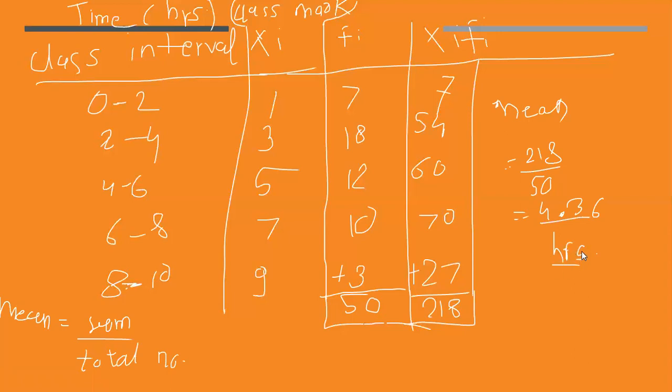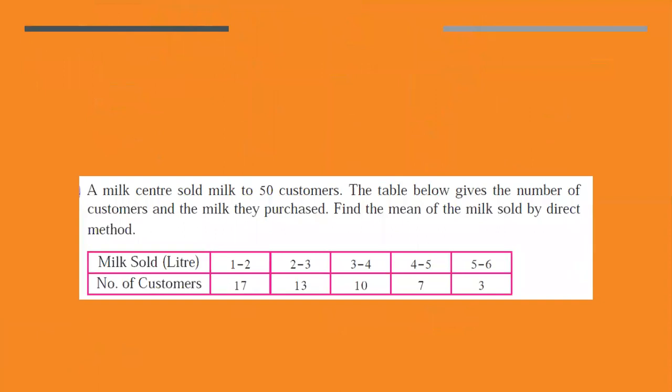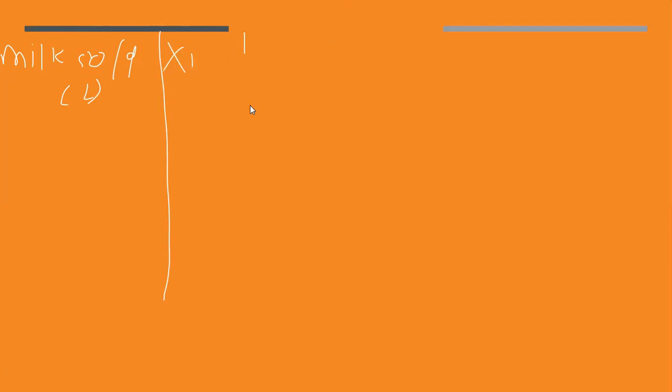I hope you have understood how to solve it, but we will also see one more example. A milk center sold milk to 50 customers, and here we have to find the average or the mean of the milk sold by direct method. So we will write here milk sold in liters, and we will write here class mark, which we will denote by xi because it is easier to remember and it does not require much space.